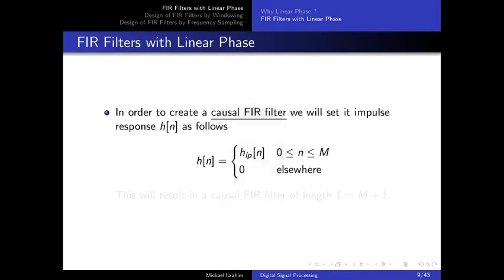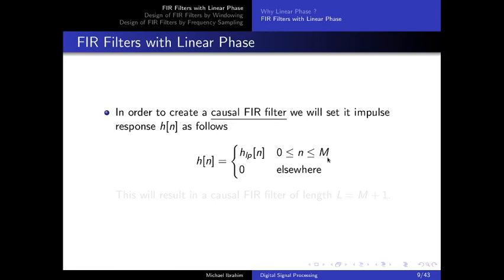So let's go back over here one more time and see. So h of n, the impulse response of a causal finite impulse response filter, is simply the impulse response which was going from -infinity to positive infinity, but we will only choose the samples from 0 up to m. We ignored the samples before 0 in order to force the filter to be causal, and we will ignore the samples starting from m plus 1 up to infinity.